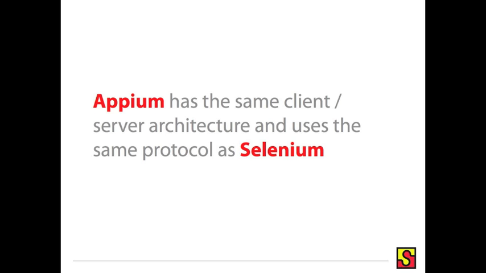So if you're familiar with Selenium WebDriver, you can already write tests for your mobile apps using Appium. And if you're interested in why we made this decision, I'd like to refer you to a lot of the resources that are available online talking about Appium and its philosophy and why we chose Selenium WebDriver as the protocol of choice.